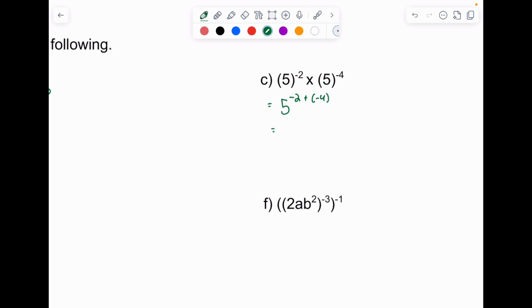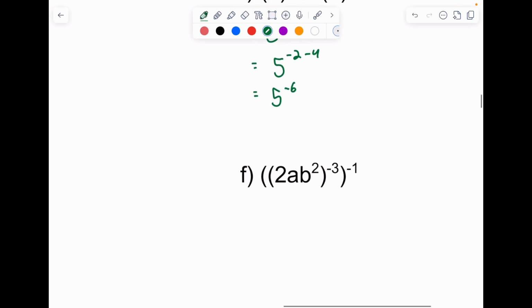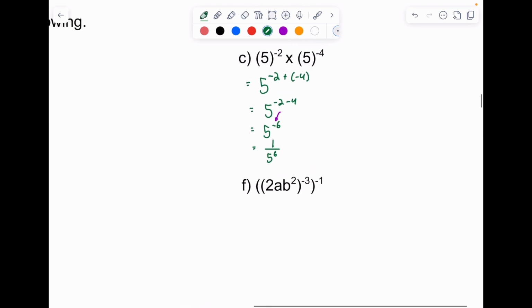So then you get 5 to the minus 2 minus 4, which is the same as 5 to the minus 6. And then how do we deal with the negative exponent? We take the reciprocal. So 1 over 5 to the 6. And there's your final answer.